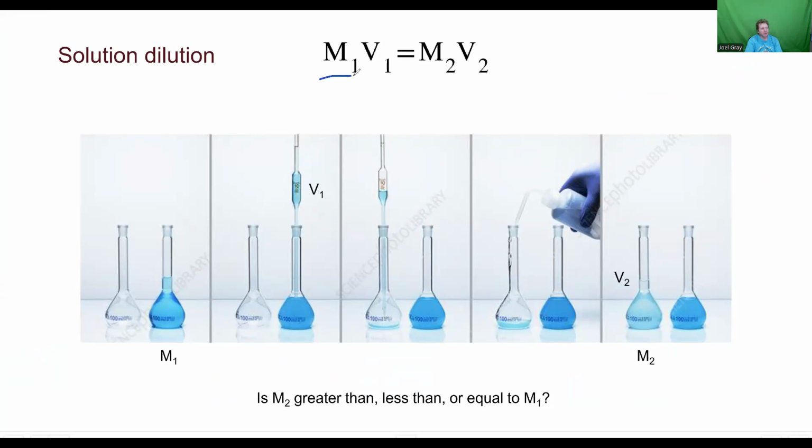And this equation is M1V1 equals M2V2. Some people also mention it as C1V1 equals C2V2. Now, M1V1 equals M2V2 and C1V1 equals C2V2 mean the same thing. The V stands for volume, the M stands for molarity, and the C stands for concentration.